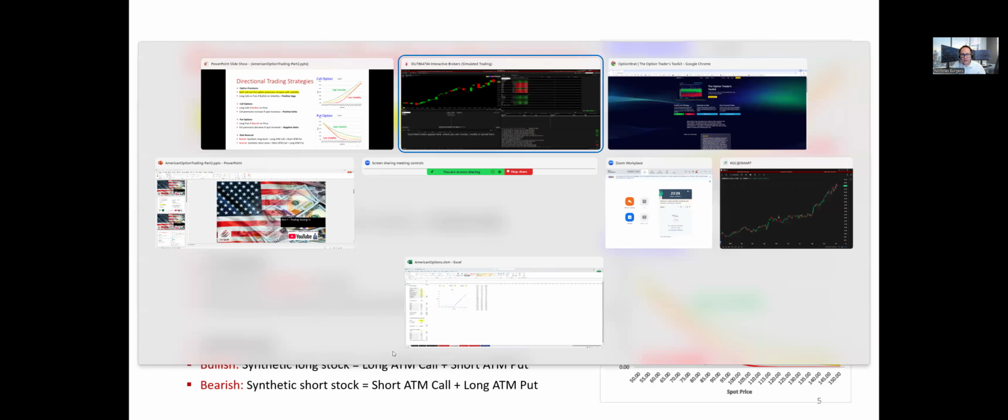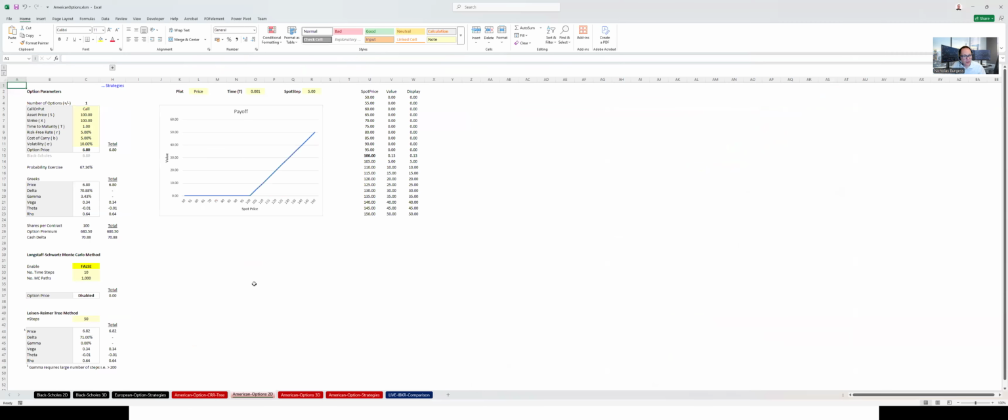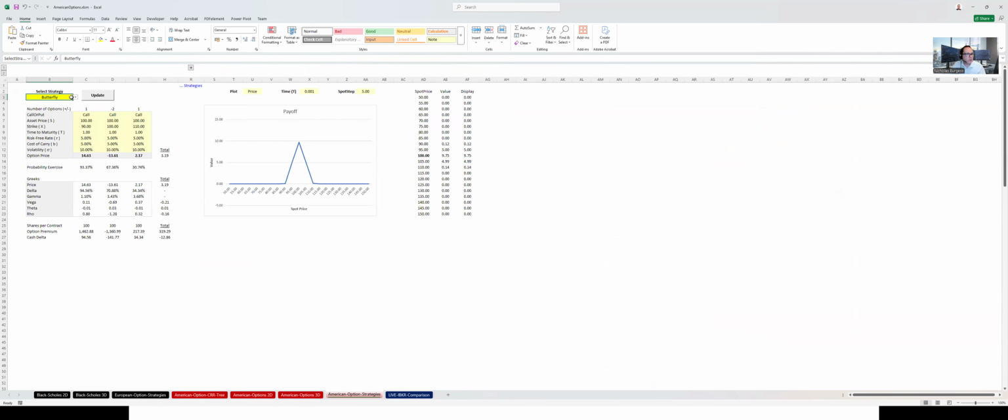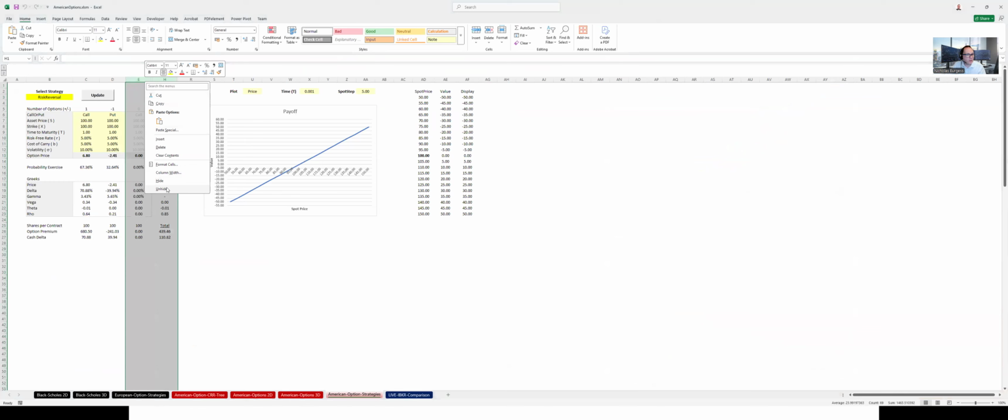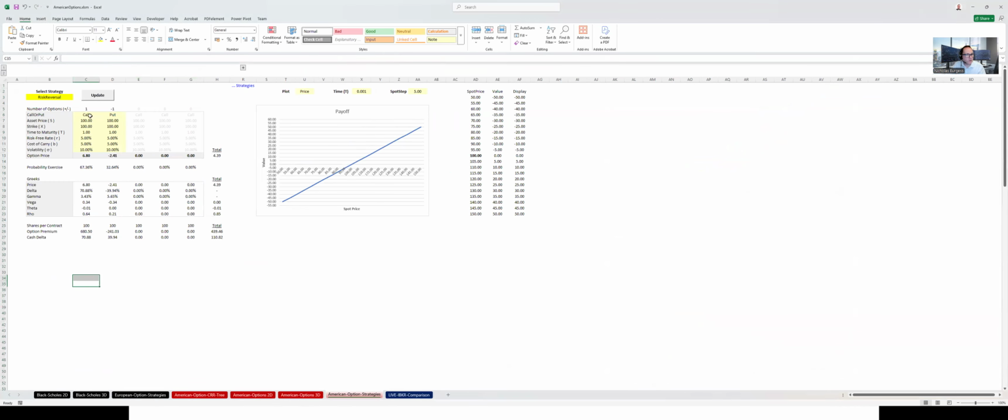Now, I think we can see that very quickly in the pricing workbook. If I go to our trading strategies page and pick the risk reversal, I put one in, and I update. I've got some hidden things here, so I'll unhide. I'm just using these calls and puts. You can see I'm long a call, short a put, and that's replicating a stock position.